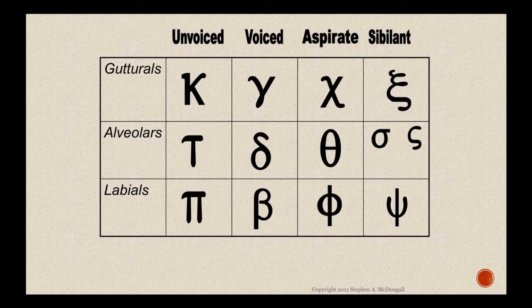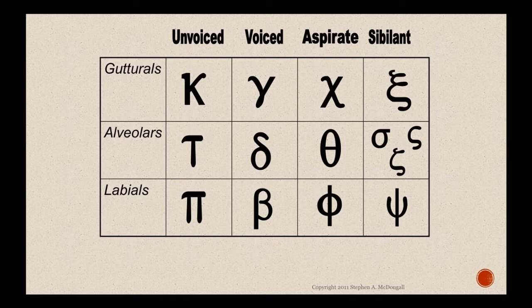Because tau plus sigma have that same point of articulation, they just end up dropping the tau. Essentially it didn't drop, it assimilated to become another sigma, and then you lose that.